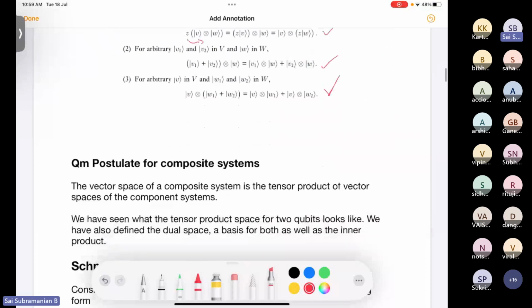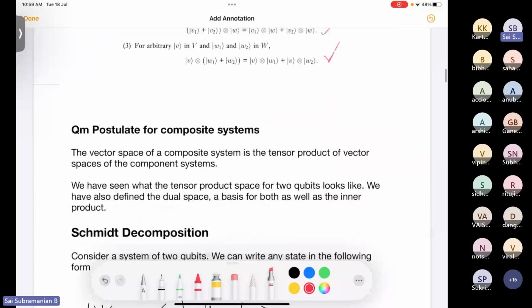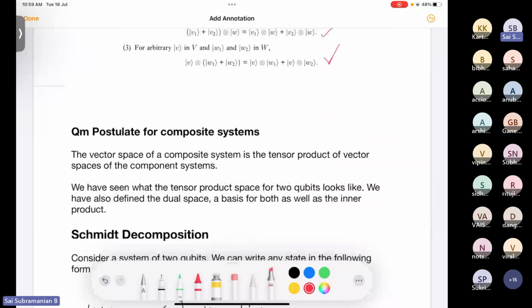So now that we have defined tensor products, I am going to give you the postulate for general composite systems. I've been explaining tensor products with the example of 2D column vectors and qubits, but this idea of the tensor product for the combined space is the same way we will operate for any quantum system that has two or more components. The postulate is: the vector space of a composite system is the tensor product of the vector spaces of the component systems.